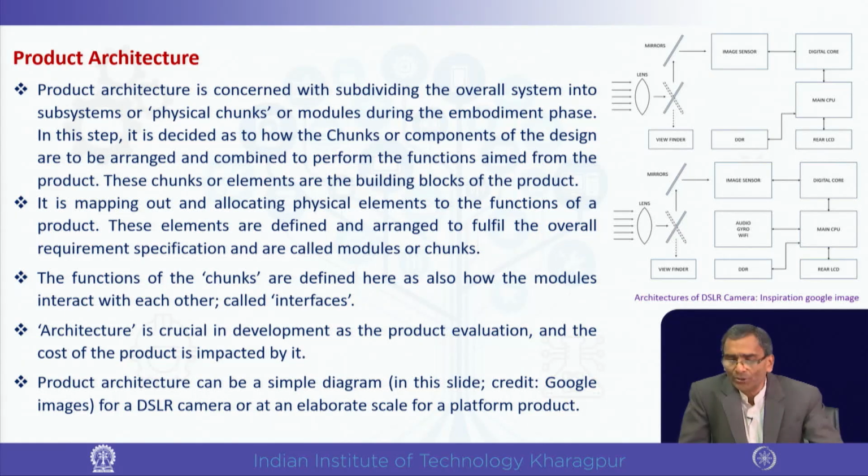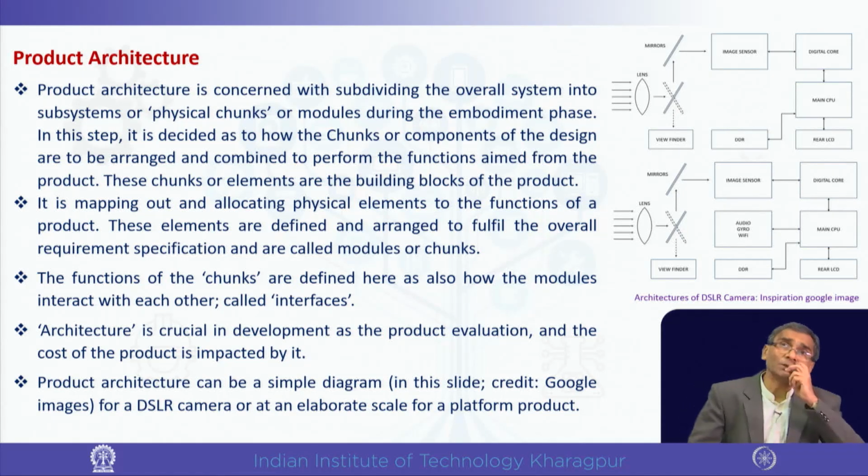Here, just to show that there are different blocks, like lens, mirrors, sensors, digital core, main CPU, LCD, DDR, etc. These are the chunks. A chunk is a module or subsystem of a big product, which is subdivided into elements.